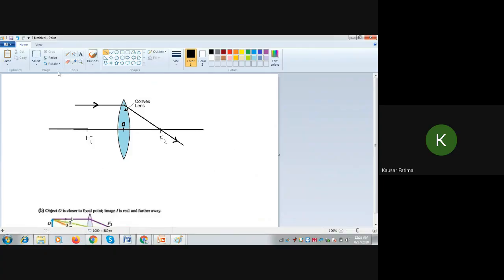If this one is F1 and it is at, suppose, 4 centimeter, we label it F. If this is 4 centimeter, there will be another point 2F on this side. What will be its distance? 2 times this 4 means 8 centimeter from the optical center. In the same way, there will be 2F2.